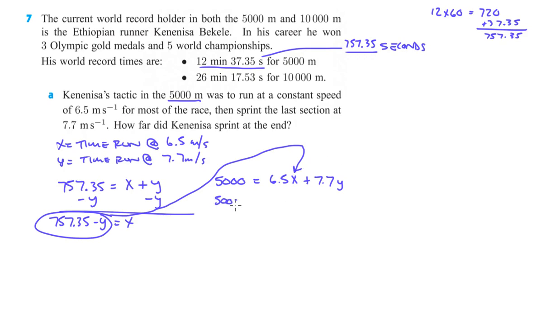So we got 5,000 equals 6.5 times 757.35 minus Y, plus 7.7 Y, and then solve this.